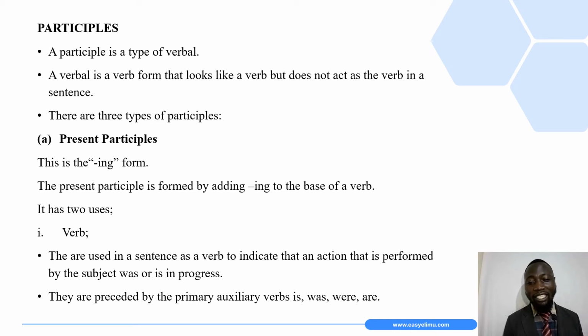So we have got those that are in the form of the verb to do, that is do, does, did. So again, there is that which is in the form of the verb to be. So here is where we have is, was, were, and so on.